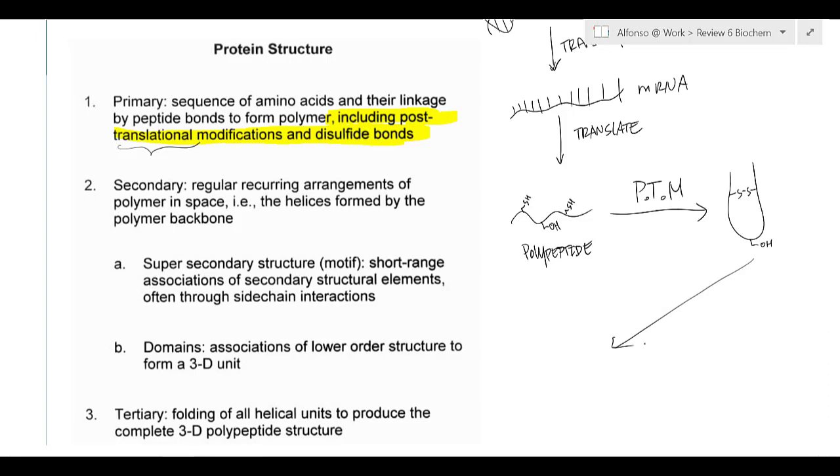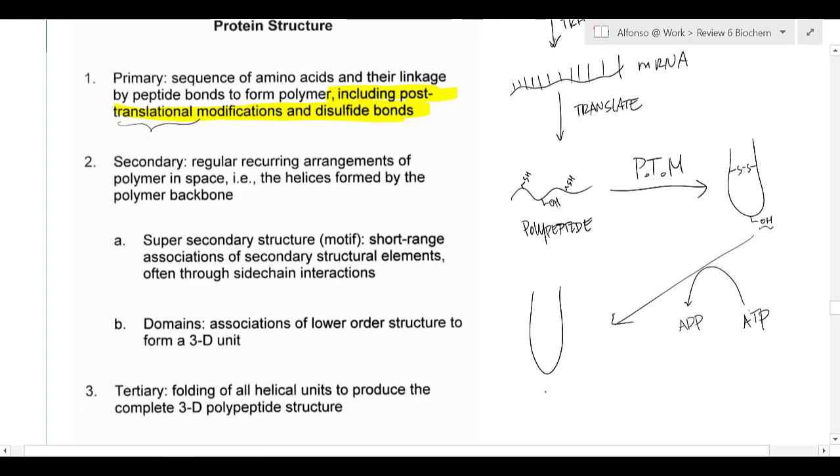I've never heard of hydroxylation for serine, but you might be right. You can't oxidize this hydroxyl any further, but what about phosphorylating it? So we grab another enzyme. This enzyme uses ATP, releases ADP, and now look at this polypeptide chain.